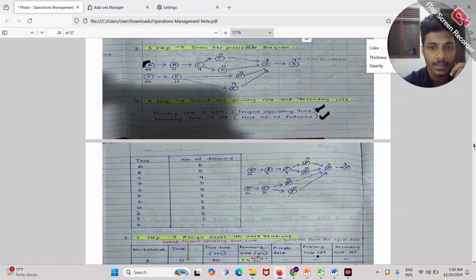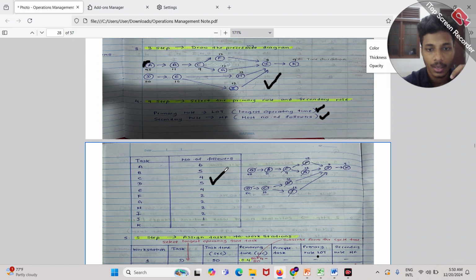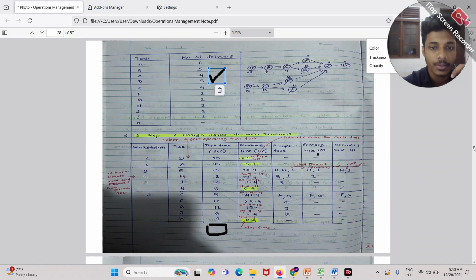So we can complete these tasks. We have already drawn the precedence diagram, and we found the number of followers as well. Right now we have to complete the fifth step.